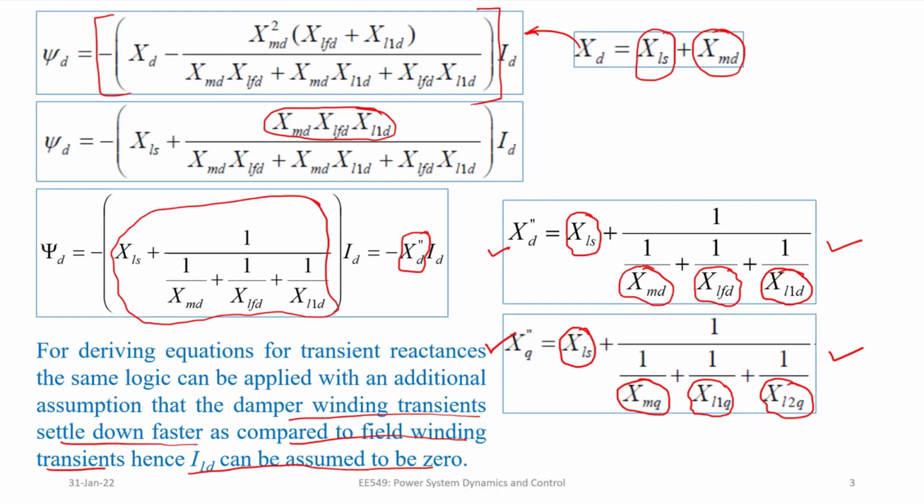So in all the flux linkage equations, considering the above assumptions in the subtransient reactance derivation, we can again assume that I1D is 0 under transient condition. Under transient condition, the damper transients gradually die out, so only the transient in the field winding remains. Therefore, we'll consider only the field winding transients.